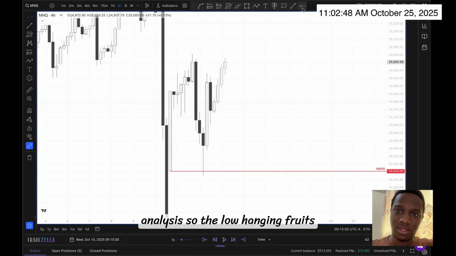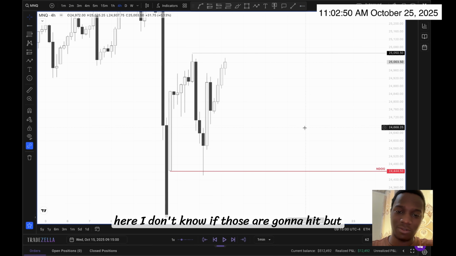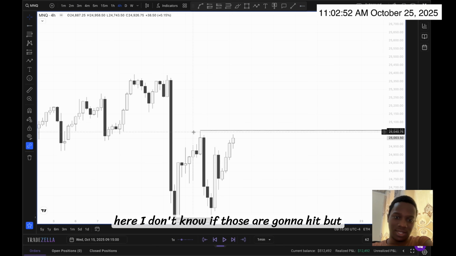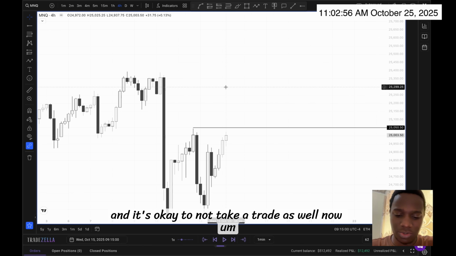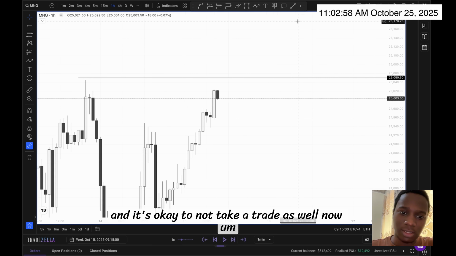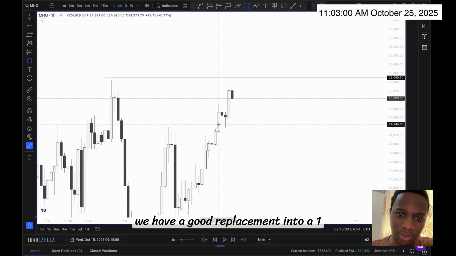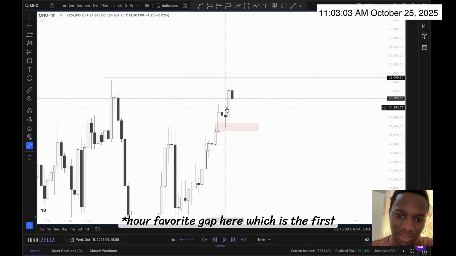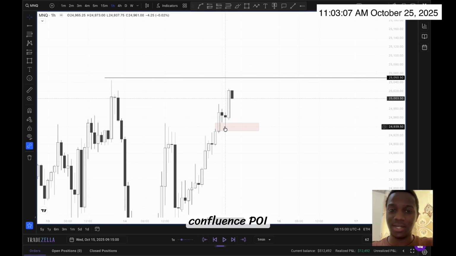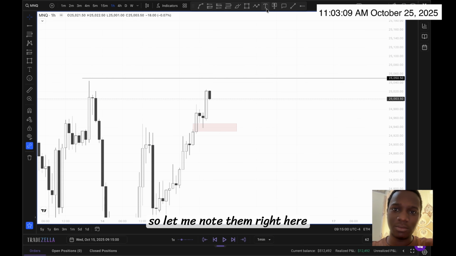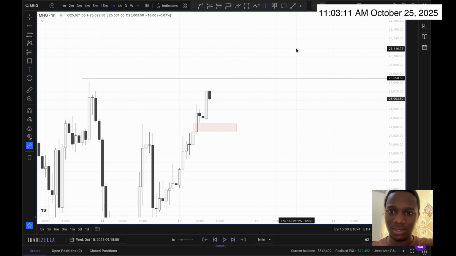So the low hanging fruits here, I don't know if those are gonna hit, but they could also get hit at open, then no trade, and it's okay to not take a trade as well. Now we have a good retracement into a 1 minute fair value gap here, which is the first confluence POI. So let me note them right here.